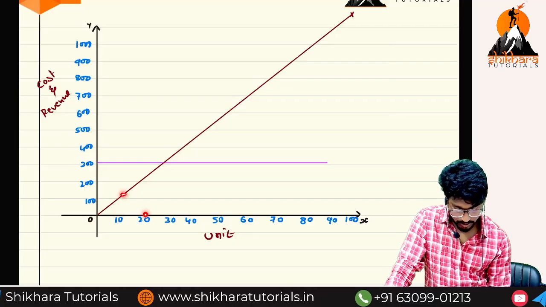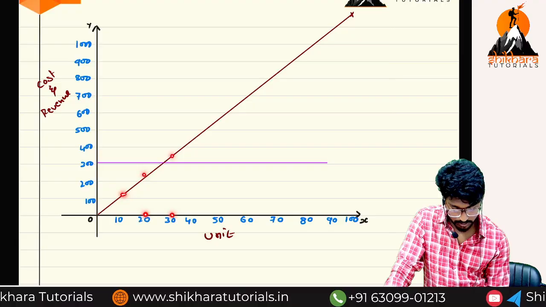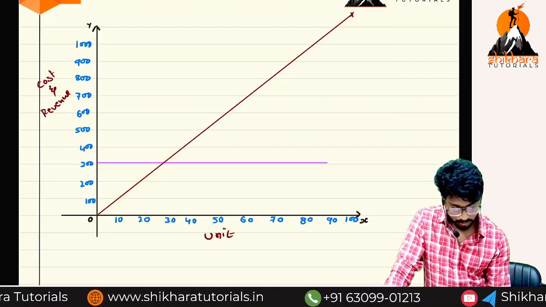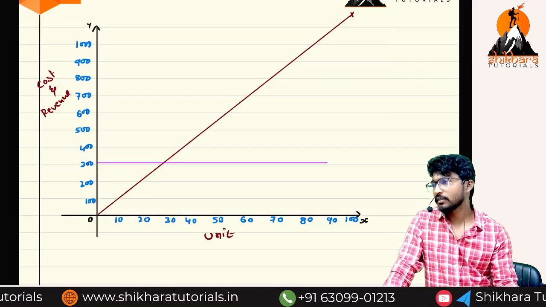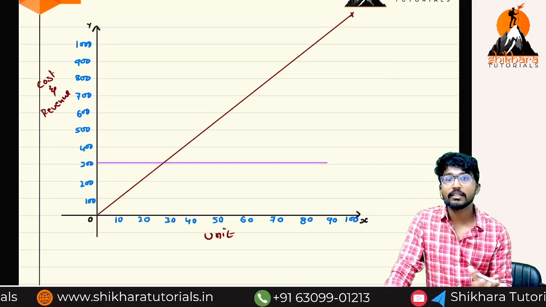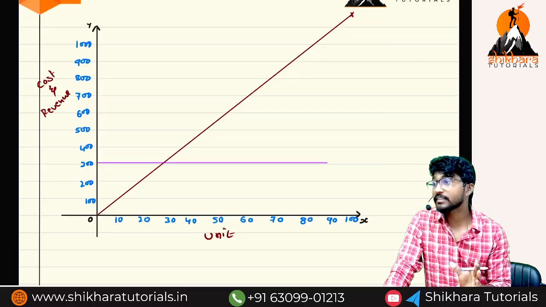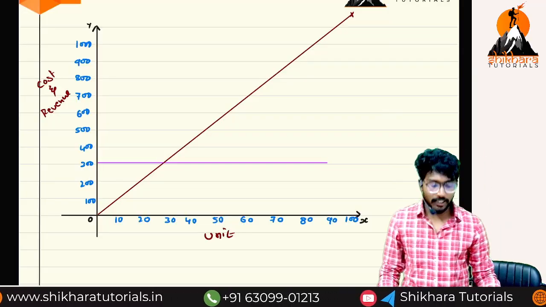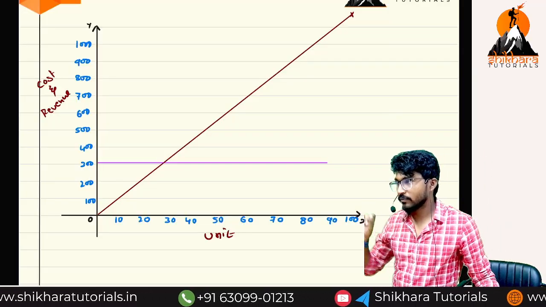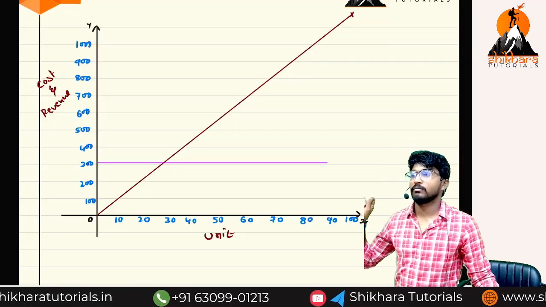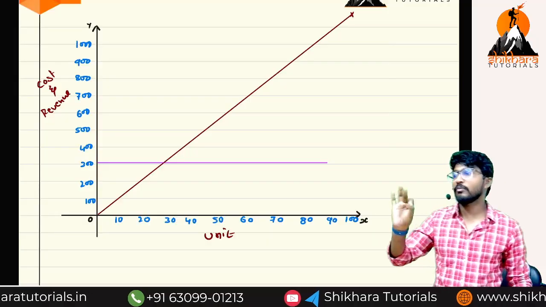For 20 units it is 240. For 30 units it is 360. Like this, it will increase on a parallel basis in the same ratio. Now tell me, what is the difference between variable cost, fixed cost, and semi variable cost?